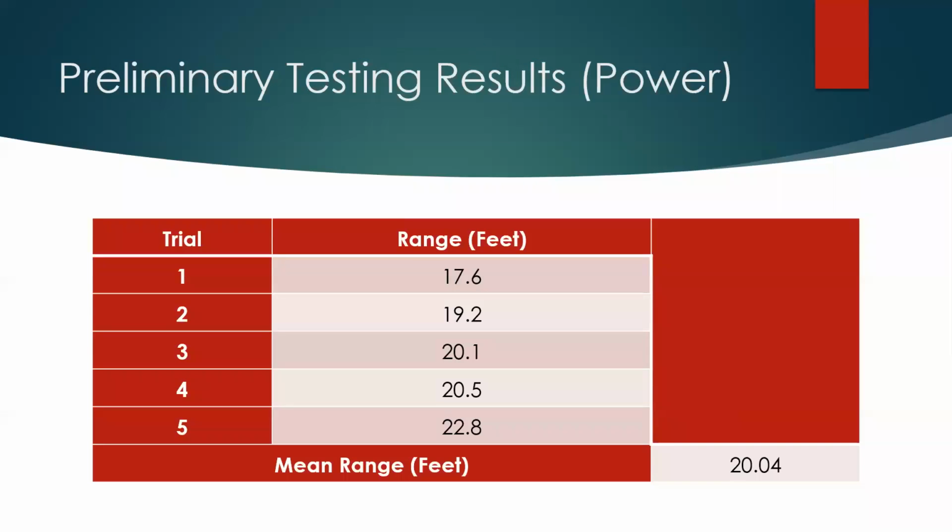We can see that the lowest of all the trials, being the first one, is 17.6 feet, and the largest, being the 5th one, is 22.8 feet. These results are consistent with the competition, as our maximum range in the competition was 22 feet.